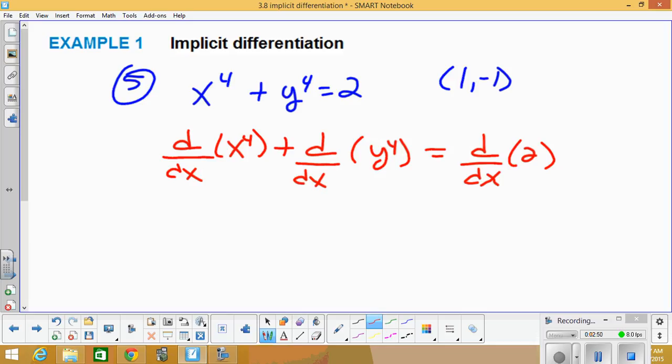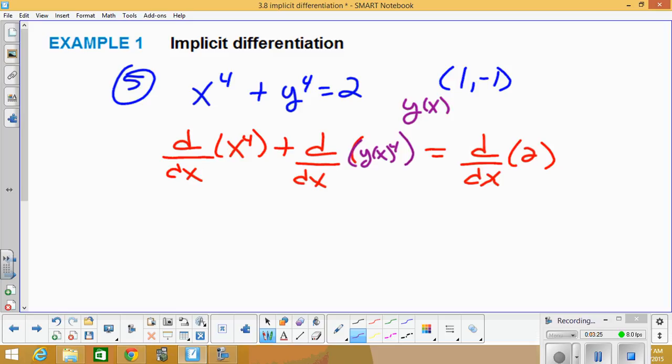Sometimes it might be easier to replace the y with y of x as a reminder that it's implicit differentiation. So instead of doing this, you should really have y of x to the fourth in here so that you can remind yourself that you're going to have a chain rule issue going on because it's not in the correct notation.